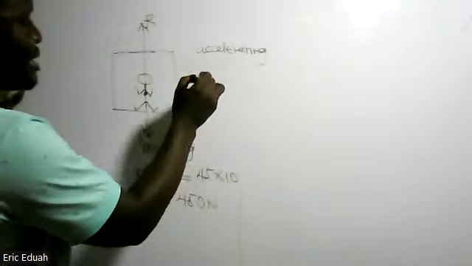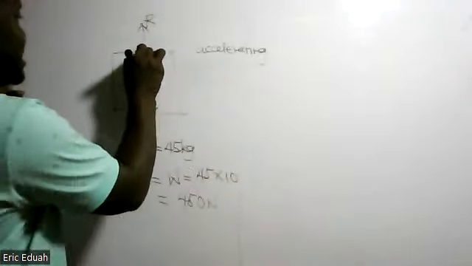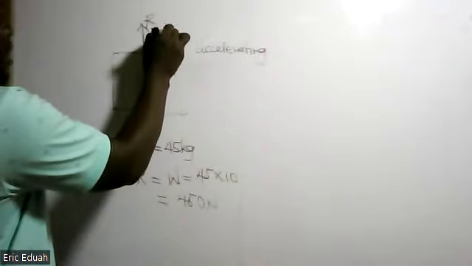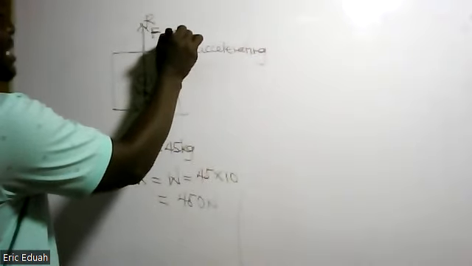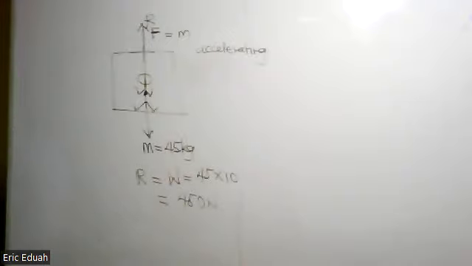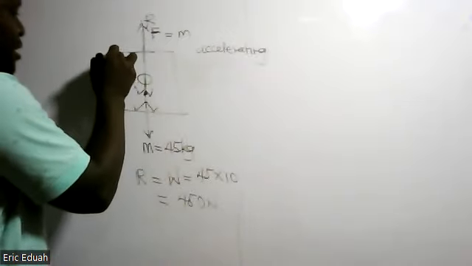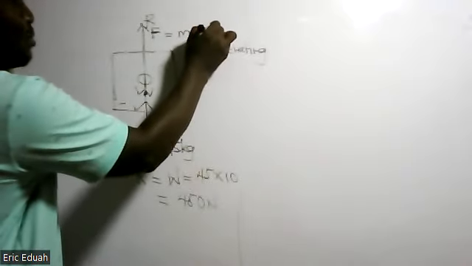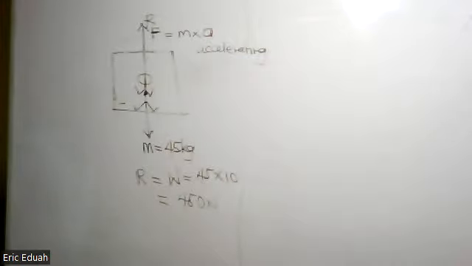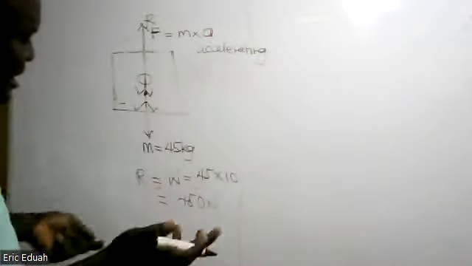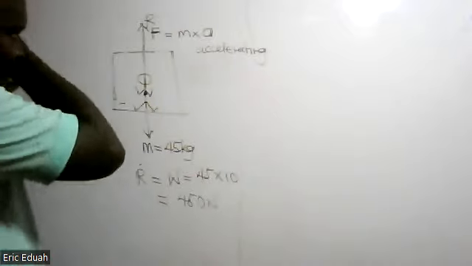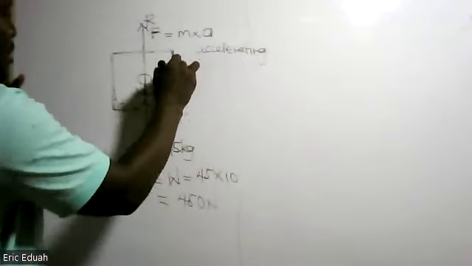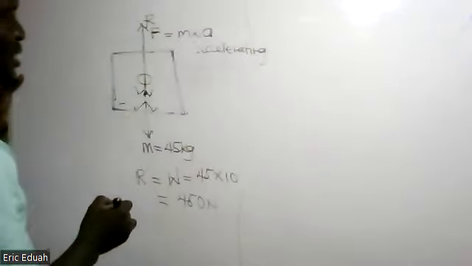Once the body accelerates, there will be a certain force given by the mass of this lift times the acceleration with which it moves. If the body is accelerating, then the force here will be given by the mass times the acceleration of the body.